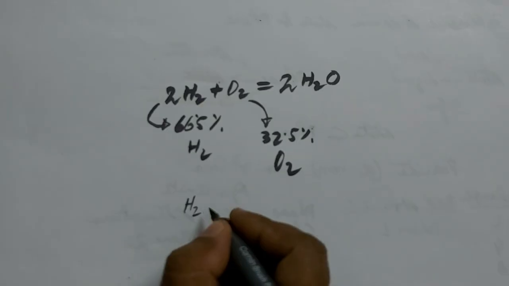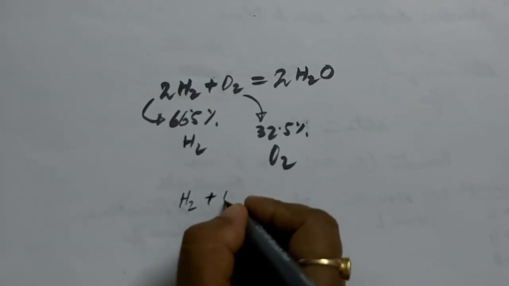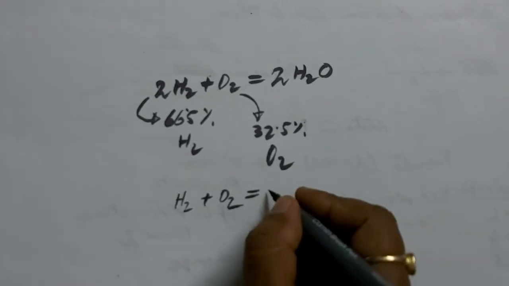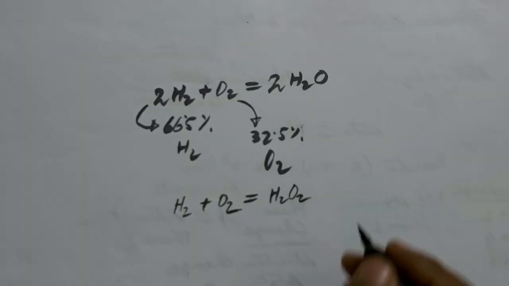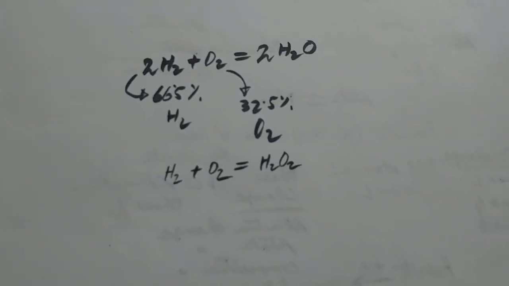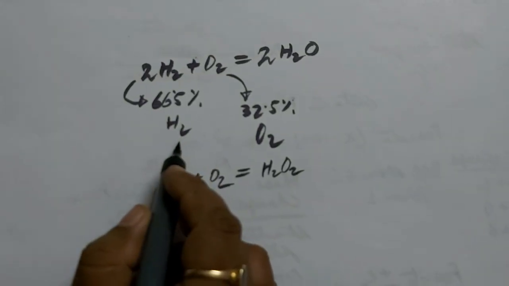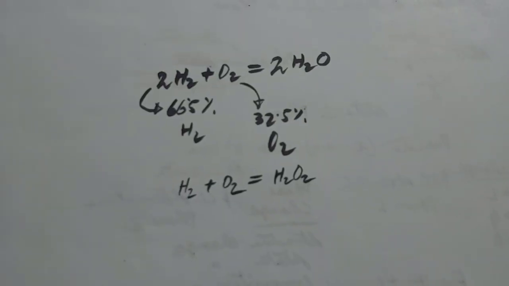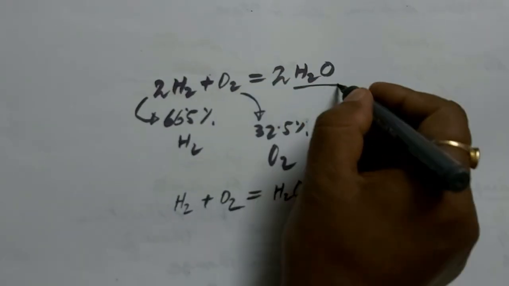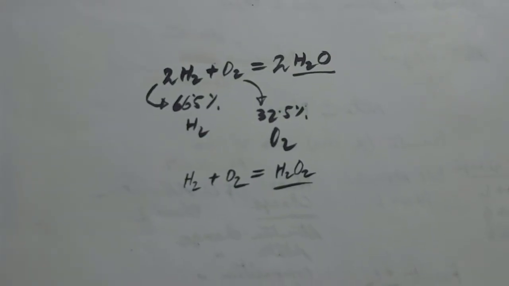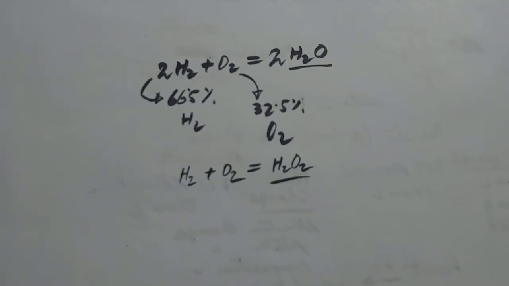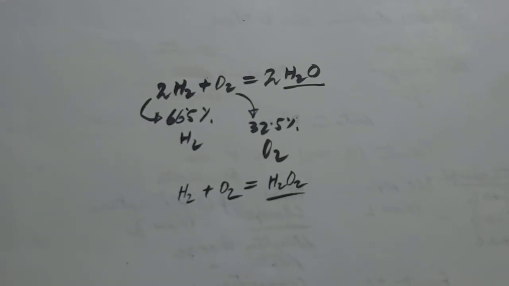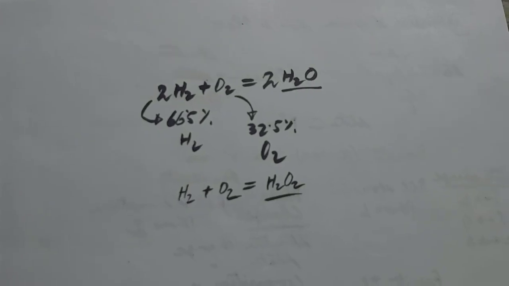Let us say we are taking right now 50% of hydrogen and 50% of oxygen. So it will become H2O2, meaning hydrogen peroxide. So if we change the percentage of atoms, the product will change. In this case it was water, but in this case it becomes hydrogen peroxide. So I think from here you can get your answer.